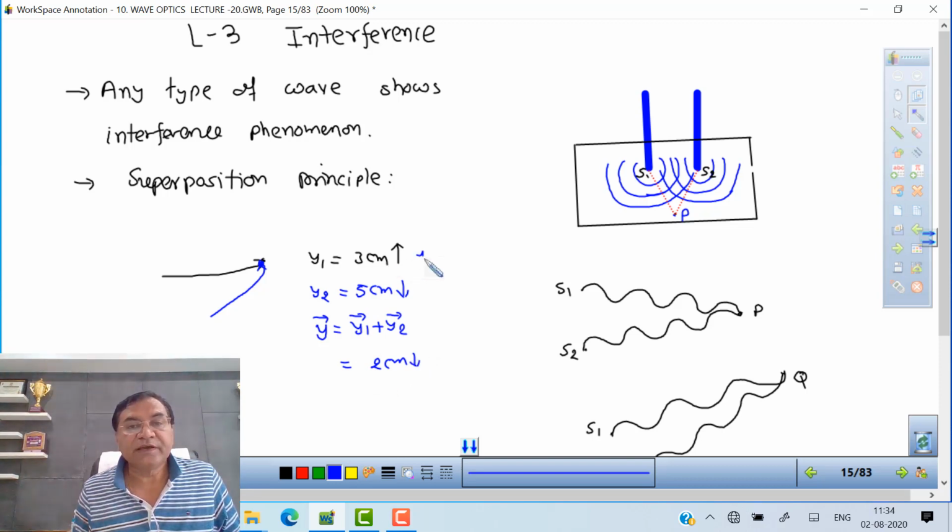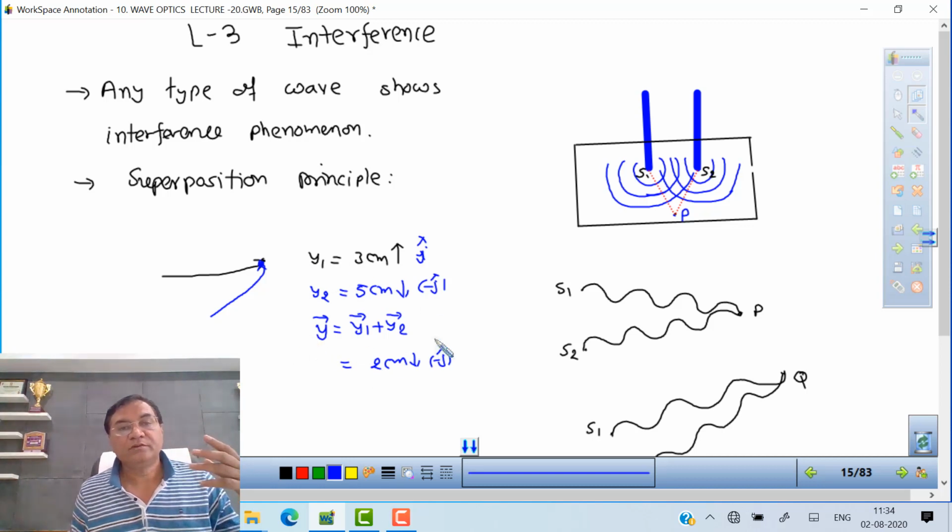You can say this is plus j, this is minus j. So if you add it, then you will get minus j. So what is the meaning of that? When at a given point 2 or more waves are passing, the displacement of the particle will be equal to the vector sum of the displacement that would occur due to each wave.